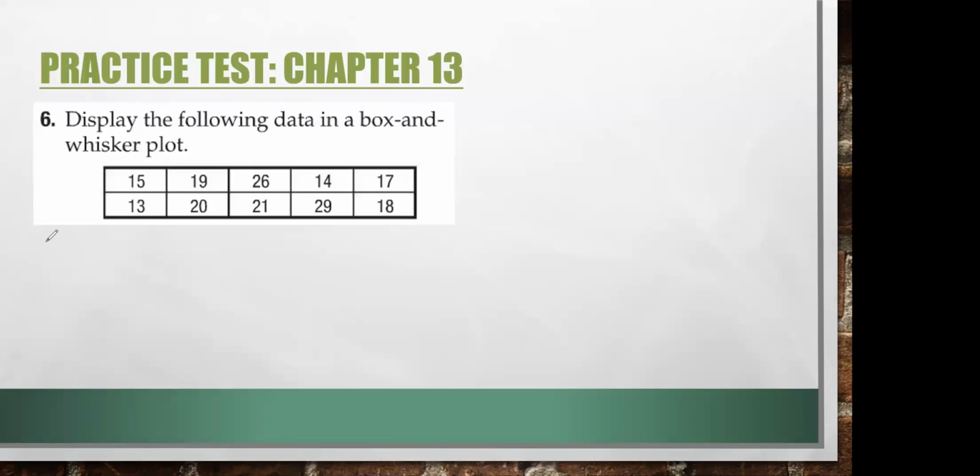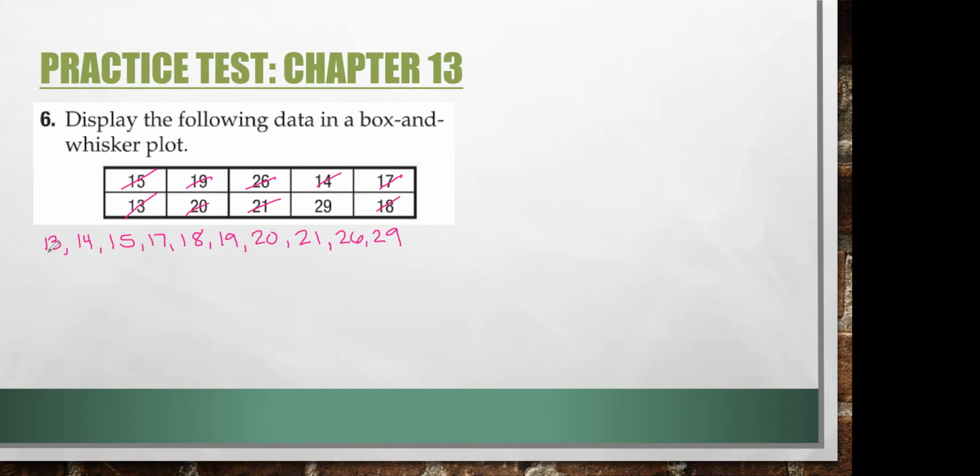So I have a 13, and then I have a 14, and a 15, and then 17 and 18. I have a 19 and a 20, 21, 26, and 29.